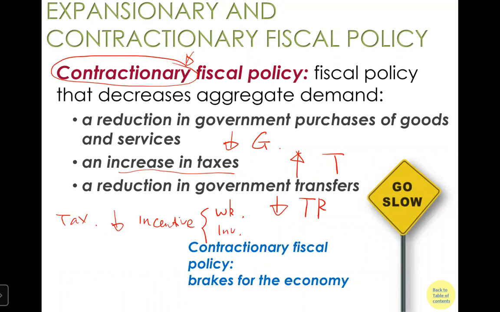So that's why tax usually reduces incentive. And then you may be wondering, okay, why do we need tax? The reason why we need tax is we need the government, right? I already gave you the reason why we need government. So the government needs to have some income so that they can support those government programs, right?